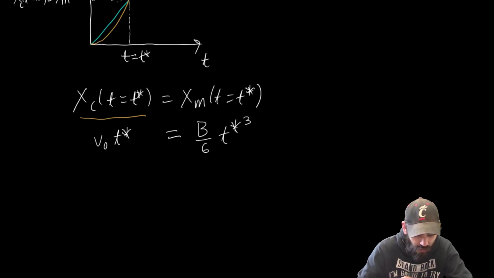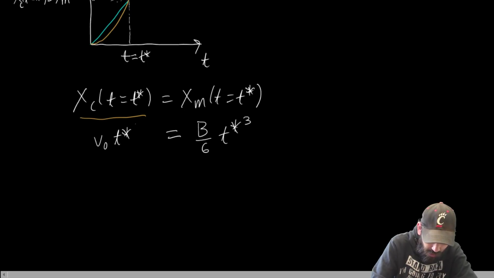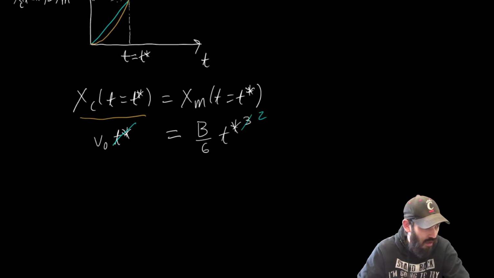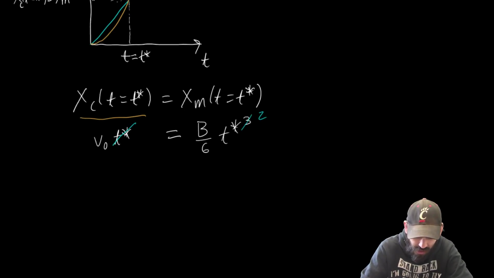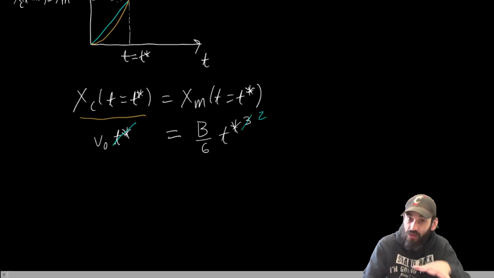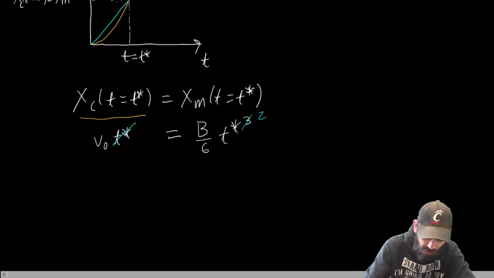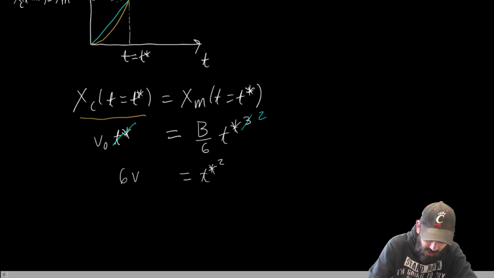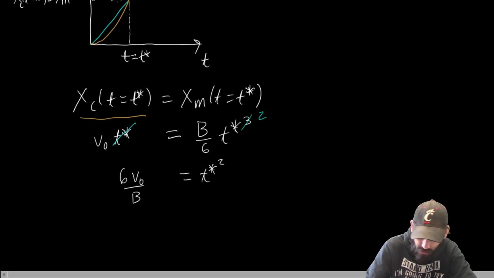Okay? So the first thing that we can do in order to do that is we can cancel one factor of t star, and then we can move things around. So when we move things around, this says that t star squared is going to be equal to 6 v0 divided by b, and then we can just take the square root of both sides.